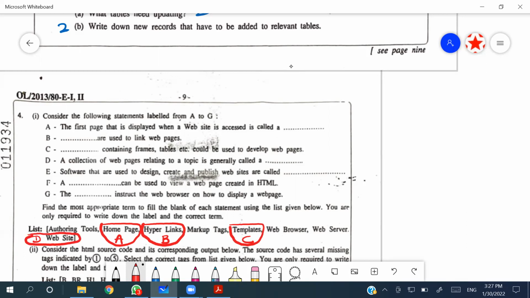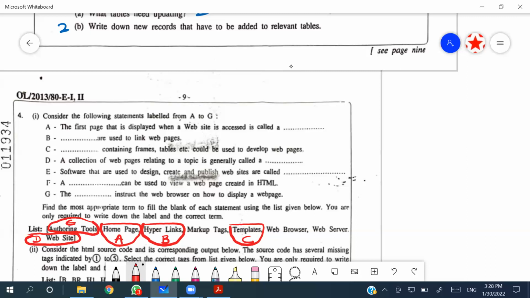Software that are used to design, create, and publish websites are called, according to this, they got only authoring tools, right? So for E, this is the answer, authoring tools. F, a blank can be used to view web pages created in HTML.